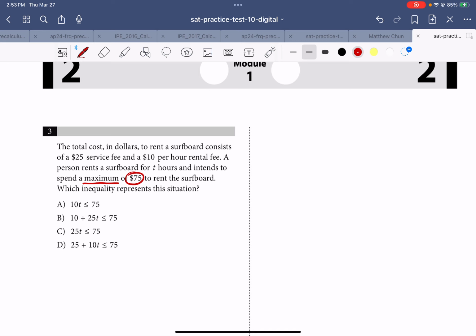There's a one-time service fee of $25, plus $10 per hour, so 10 times the number of hours, T. That cannot go over $75, so it should be less than or equal to 75. So 25 plus 10T less than or equal to 75, which is D.